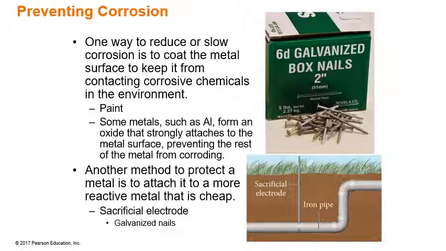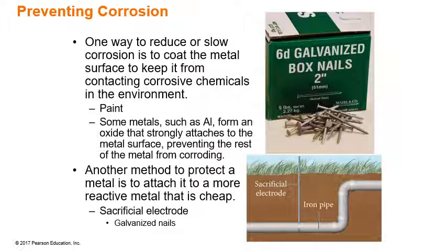Another method that we can protect metal is we can add something called a sacrificial electrode. And so the sacrificial electrode will actually be eaten away instead of allowing the iron to be oxidized. And so the sacrificial electrode will have to be replaced.